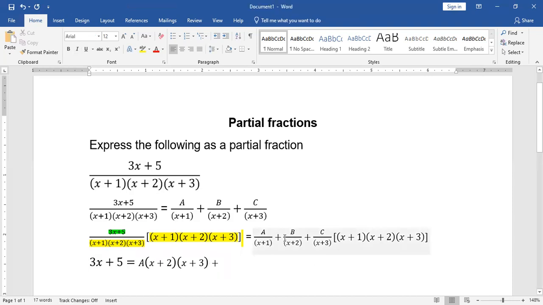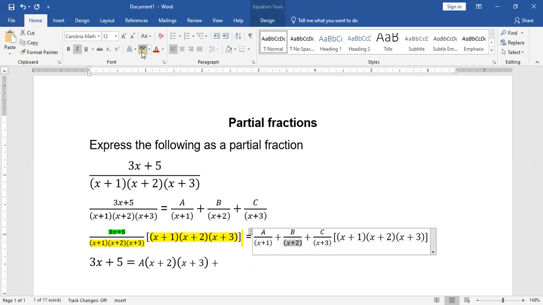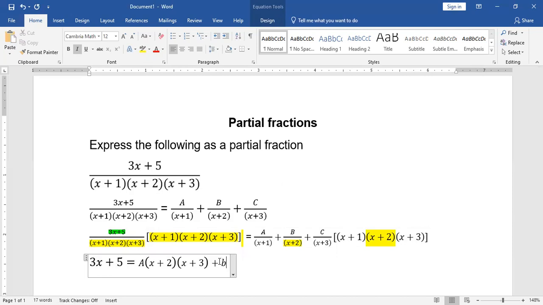In the same manner, for B, if you see the bottom part for B is that, meaning this and that will cancel. We will only remain with B, open brackets x plus 1 close brackets, open brackets x plus 3 close brackets, because that part has cancelled with that.